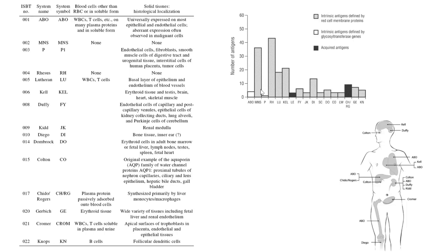You could see that the MNS and RH systems have a higher number of antigens within them compared to other systems, and that all the systems in gray bars are subject to significant antibody-mediated attack. These are intrinsic to the red cell membrane.